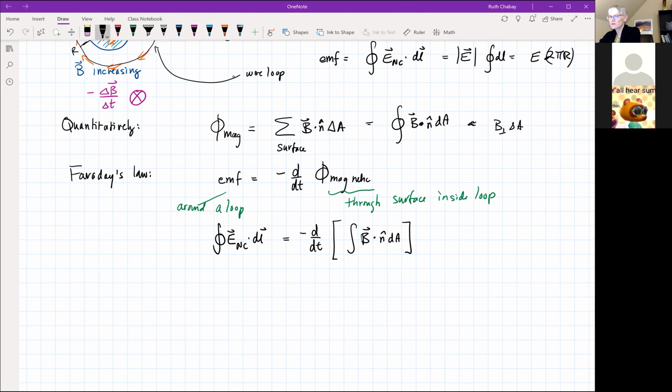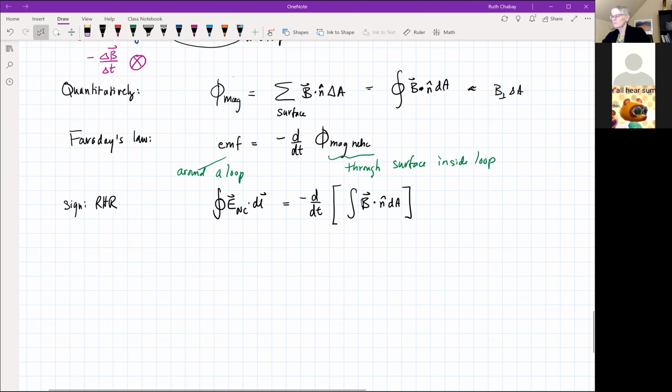So this is Faraday's law. The minus sign is a way of getting the direction, which basically involves a right-hand rule. Mostly what we're going to do is get magnitude and direction separately.